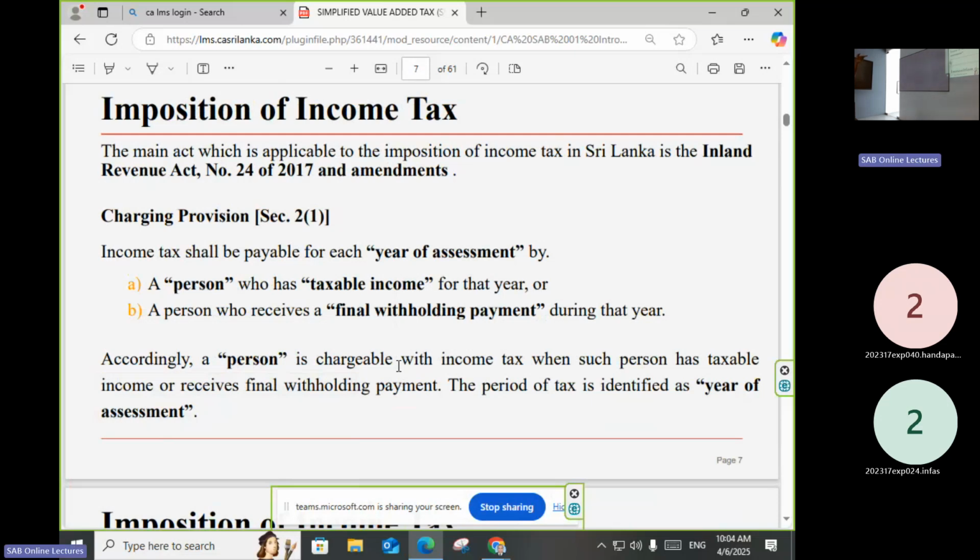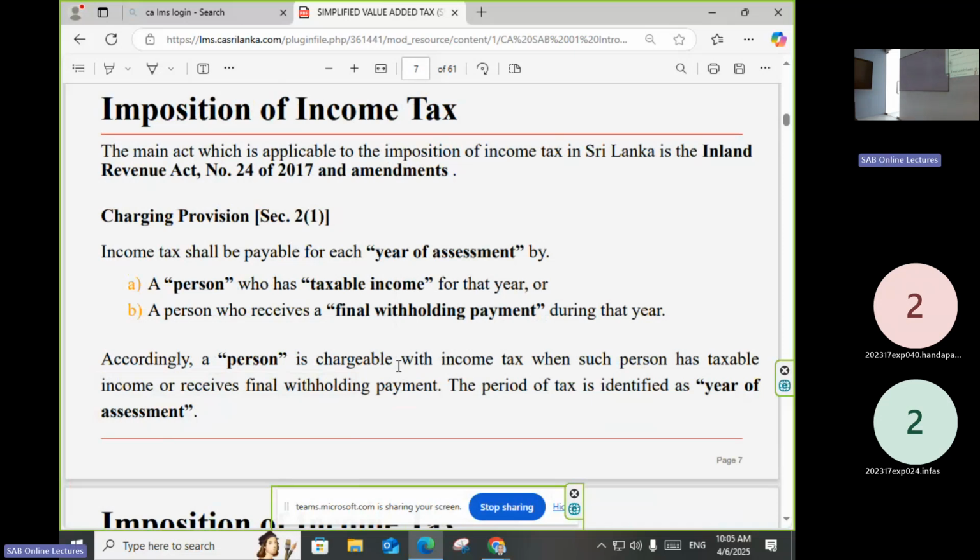So same example, say I get 100 million dividend, I have to pay 15%, so 15 million goes, and there is no more tax. Say I am getting 100 million interest, the bank is deducting only 5. It is not final withholding. So I have to work out my tax liability, considering that income at the rate where I am liable. In the case of a company, it is 30%. In the case of an individual in Sri Lanka, it could be 36%.